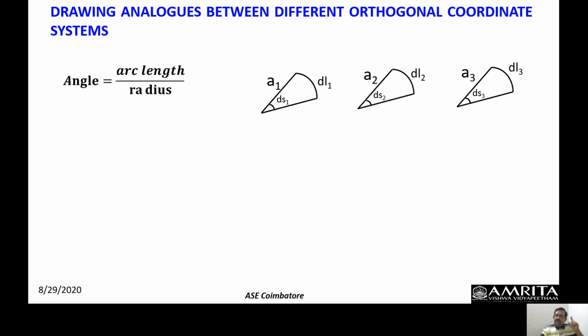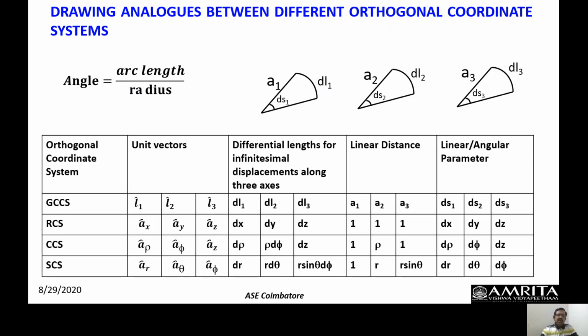With that in mind, and the lessons that we have already known for the Cartesian system, for the cylindrical symmetry, for the spherical symmetry, which I just narrated a while ago, I can summarize this table as it is. And this table clearly is self-readable. However, I will briefly explain. So in generalized curvilinear coordinate system, I define unit vectors to be L1 hat, L2 hat, L3 hat.